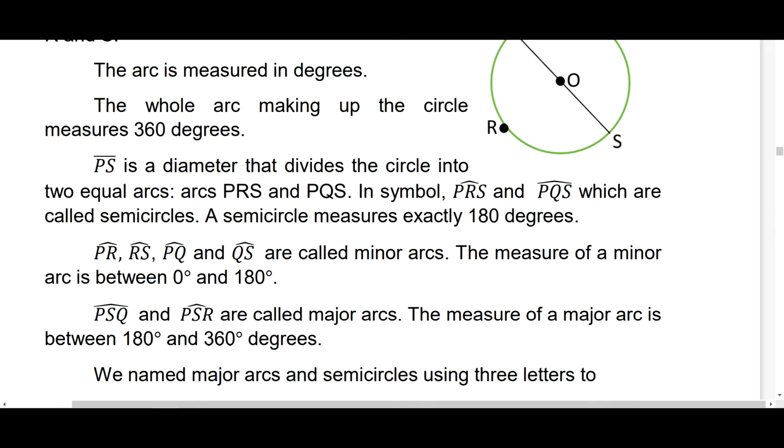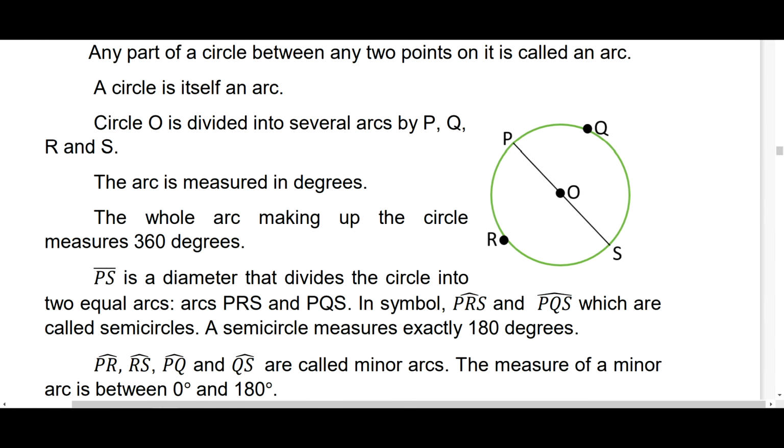Next is the major arcs. Maraming major arc dito. Basta lalagpas siya ng 180. Example, PQR. So, that's major arc PQR. Pwede ding QSR, kasi kapag tinansya mo to, diba?